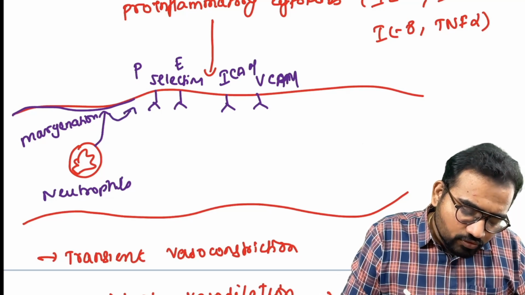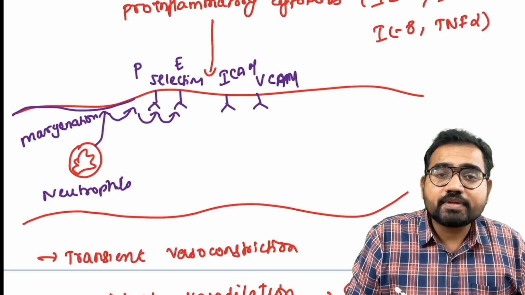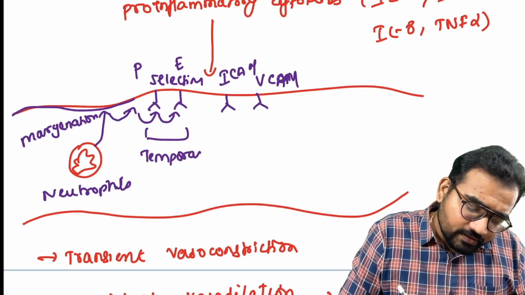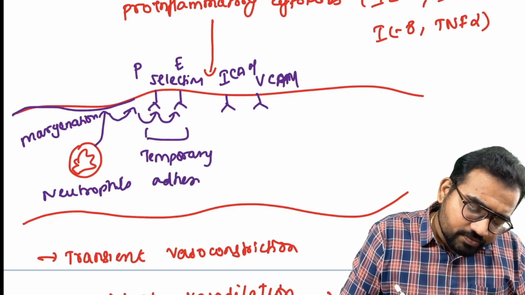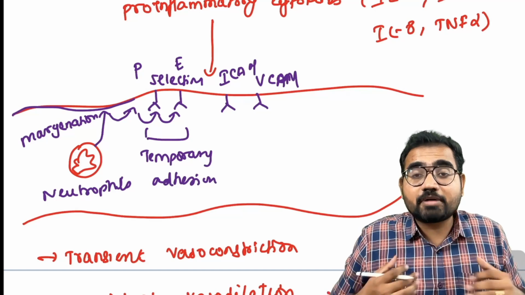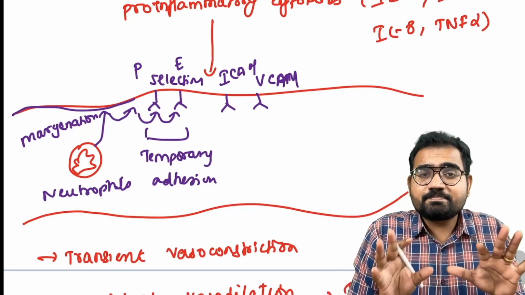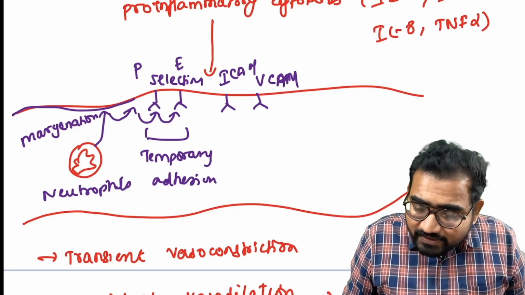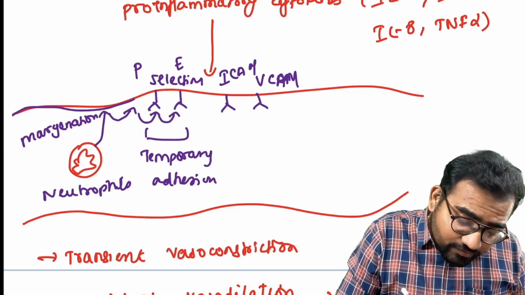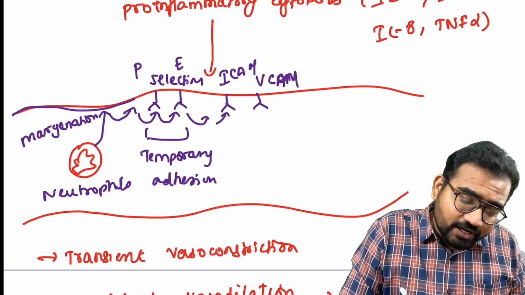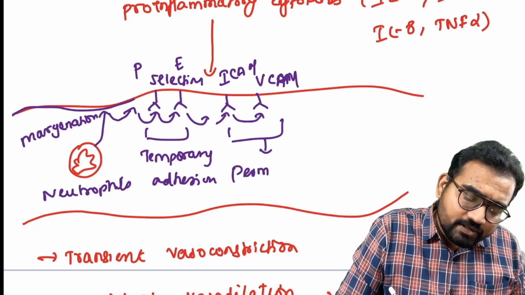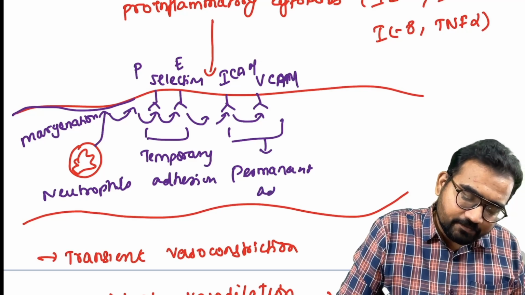As the neutrophils roll over the P and E selectins, there is going to be temporary adhesion, which means the neutrophil is not firmly attached to the endothelium, but it signals that it is coming. The P and E selectins give a handshake to the neutrophils and send them off. Then as the neutrophils roll over, they come in contact with ICAM and VCAM, which results in permanent adhesion.